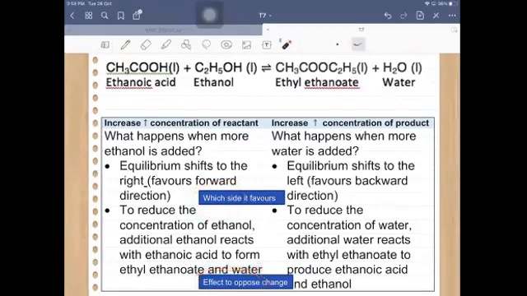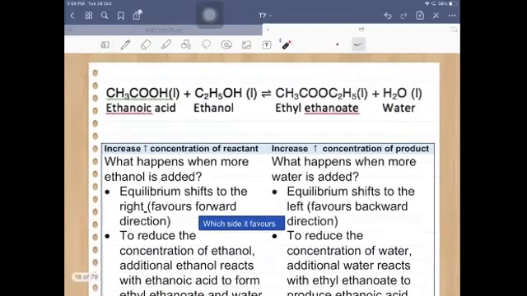This is where Le Chatelier's principle comes in. Le Chatelier's principle says that if my dynamic equilibrium is changed, my system will do the opposite to cancel out the change.